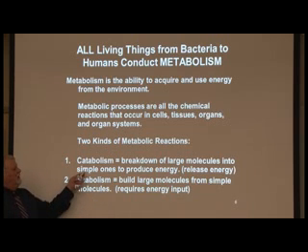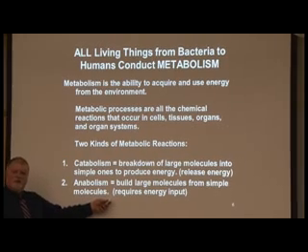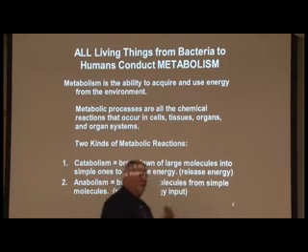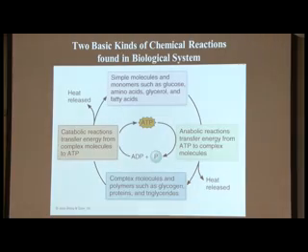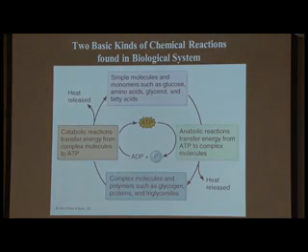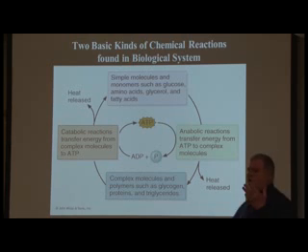And then what we're going to do is tie this energy release from catabolic reactions to anabolic reactions, where we take simpler molecules and construct larger molecules out of them, and that process requires energy. So what we try to do is tie catabolic reactions to anabolic reactions in the body. So the simplest one to think about is just the molecule that we use to transfer energy.